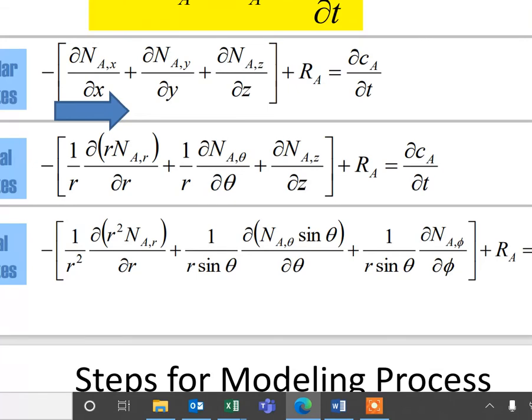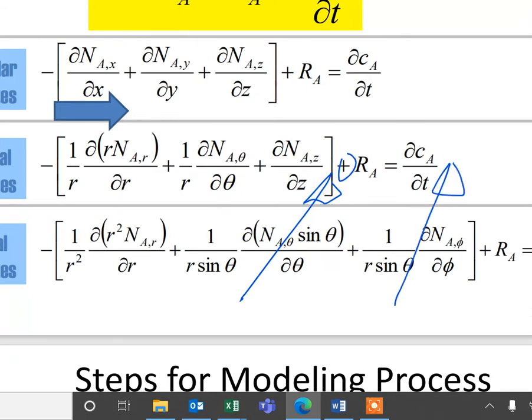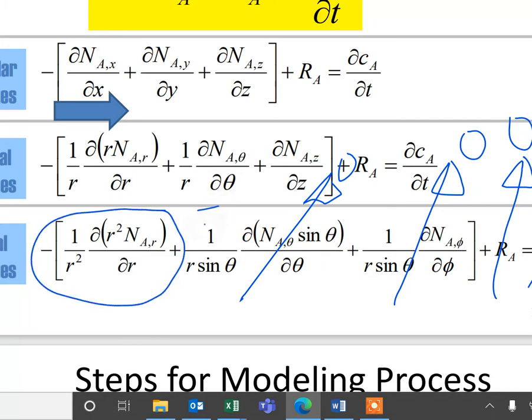There's no diffusion in theta direction, no in phi direction, there's no reaction, it's only diffusion, isn't it? No, this is steady state, so this dC/dt will be 0 also. So you end up with this 1 over r square d, this term equals 0.